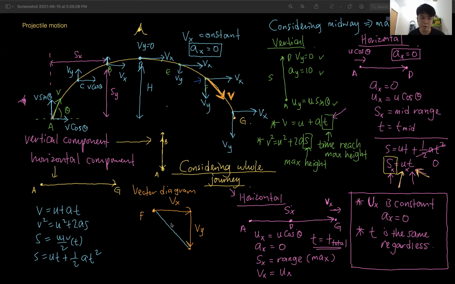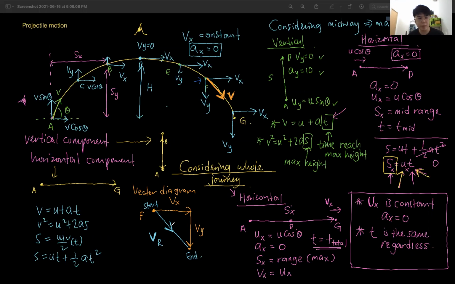This is wrong. This is correct. It's from the start to the end. 这个是你的 resultant velocity. OK， 就是在这一个 the combined component. The combined component.